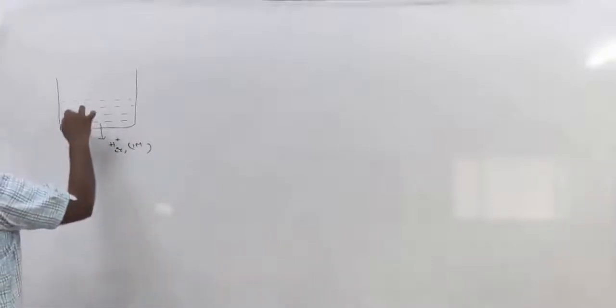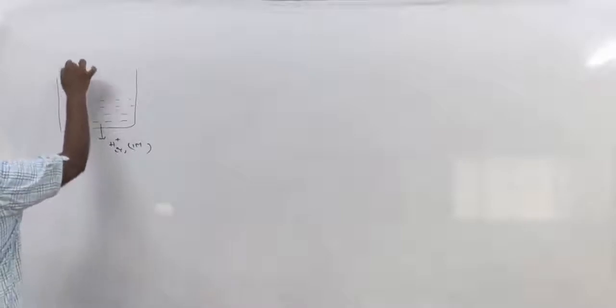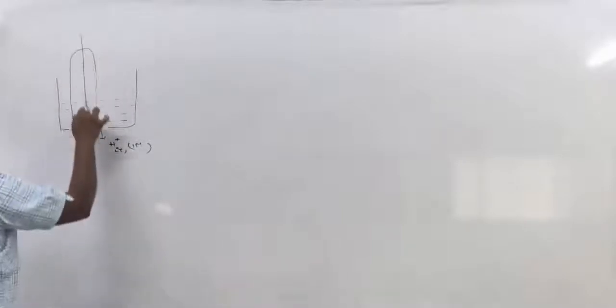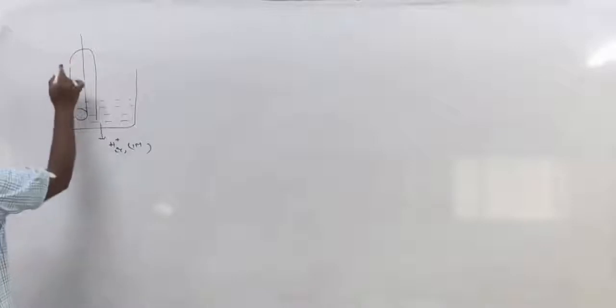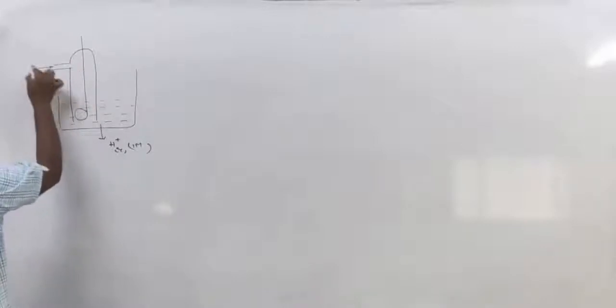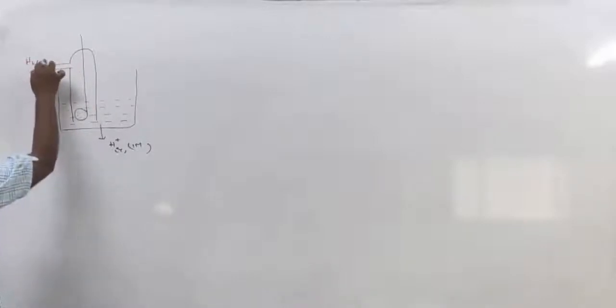This glass jar is inverted, and this is a platinum wire having a porous circular disc. Hydrogen gas is passed at 1 atmosphere pressure.